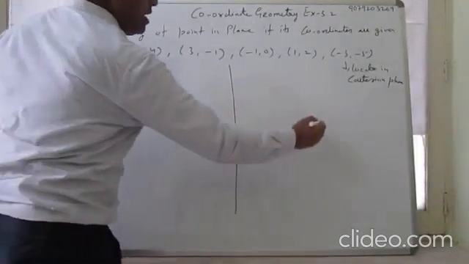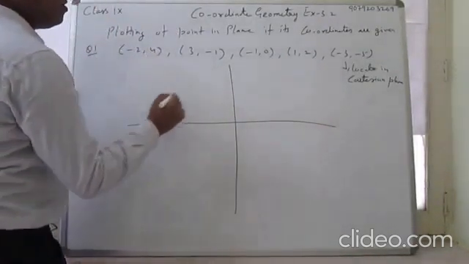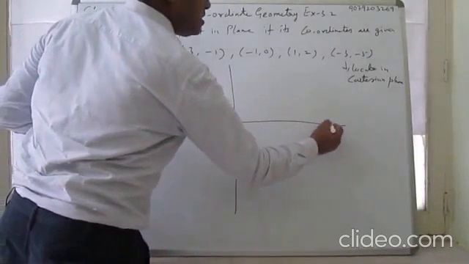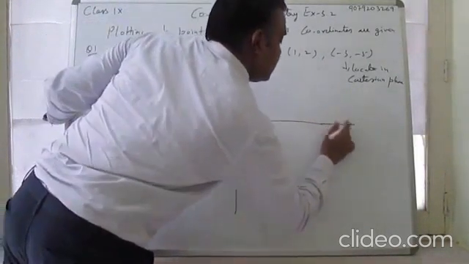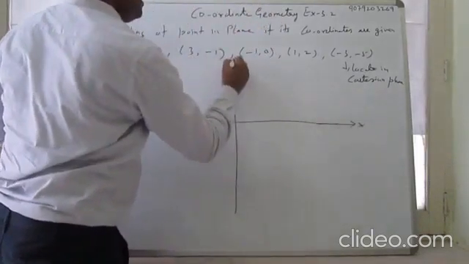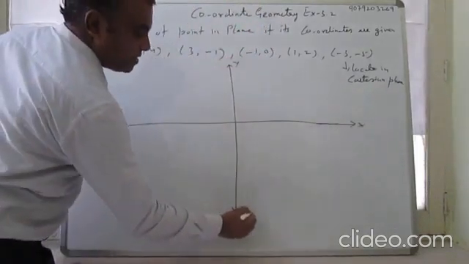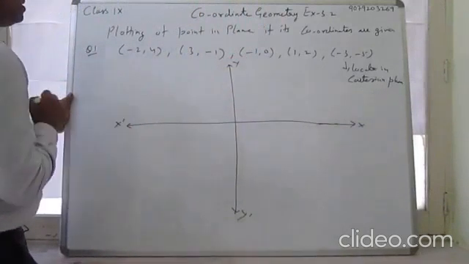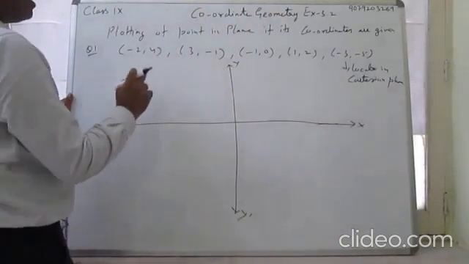One is a vertical line and the other is a horizontal line. The horizontal line is the x-axis, and this is the y-axis. This is the negative y-axis. This is the negative x-axis. So the maximum point is 5.